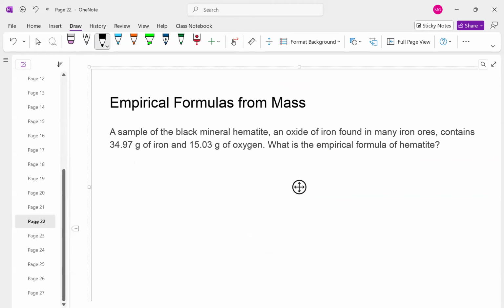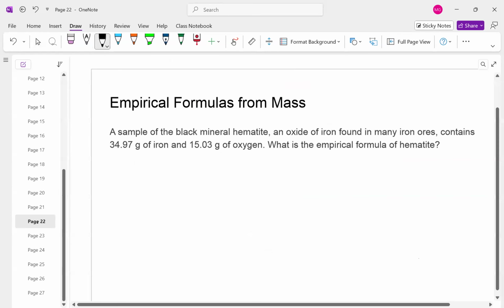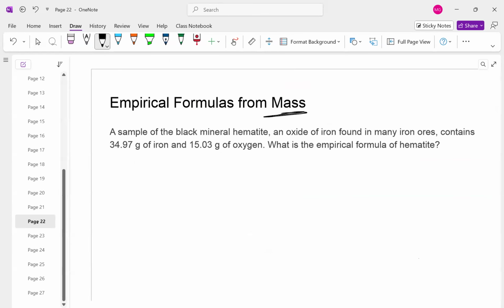So what happens if I'm not given mass percent? What if I'm given the actual masses of the elements? Well, this kind of makes it a little bit easier. Because if we're given the actual masses, we don't need to do any percentage stuff. So we can just go straight from grams to moles.